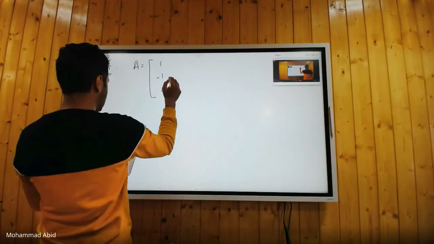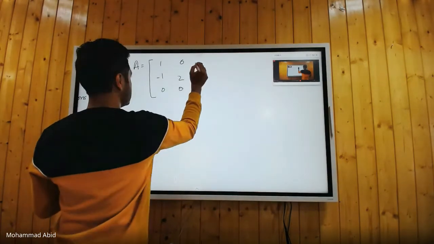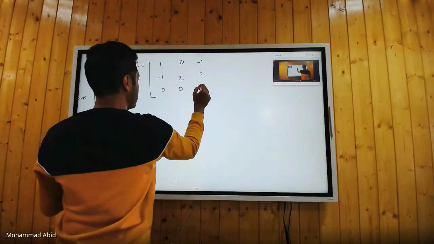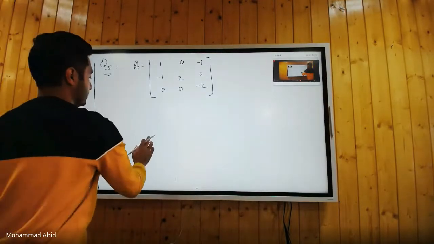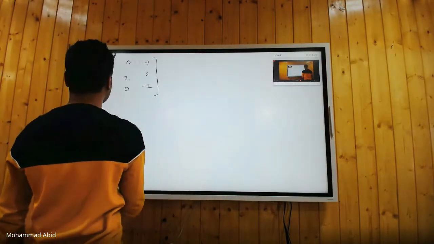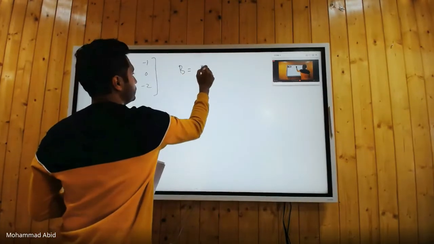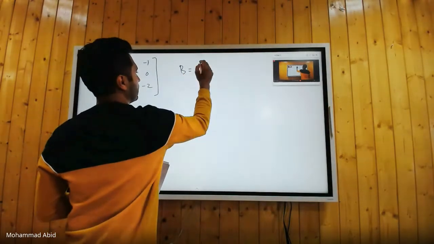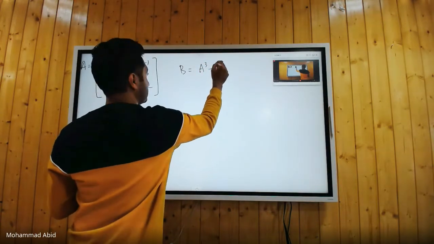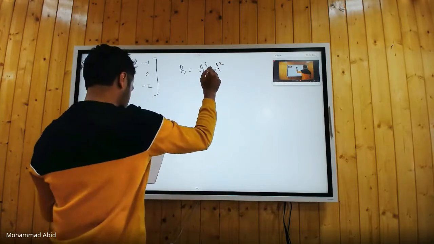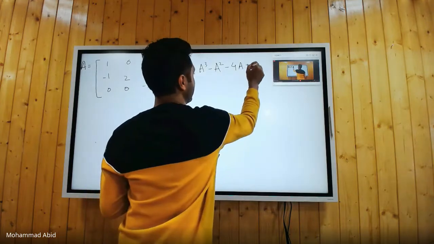-1 0 0 2 0 and last column is -1 0 and -2. This is A. And you have to evaluate this thing: A cube minus A square minus 4A plus 5I.